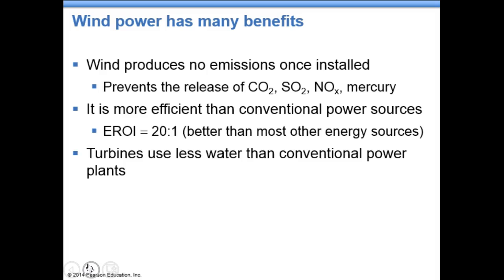But the U.S. power plant, if it runs 1 megawatt of wind turbine for a year, it prevents the release of more than 1,500 tons of carbon dioxide and about 6.5 tons of sulfur dioxide and about 3.2 tons of nitrogen oxide and 60 pounds of mercury. So these are those emissions that are so bad.